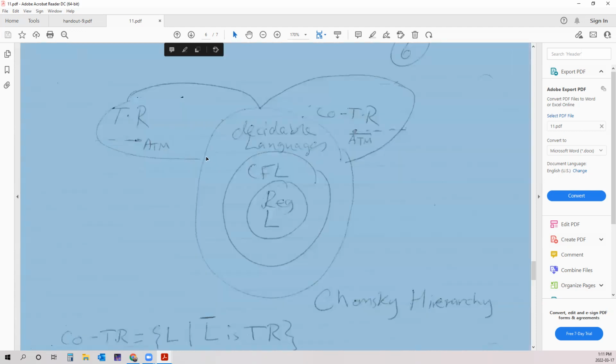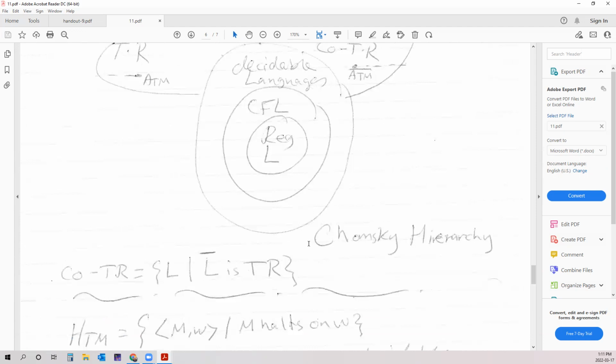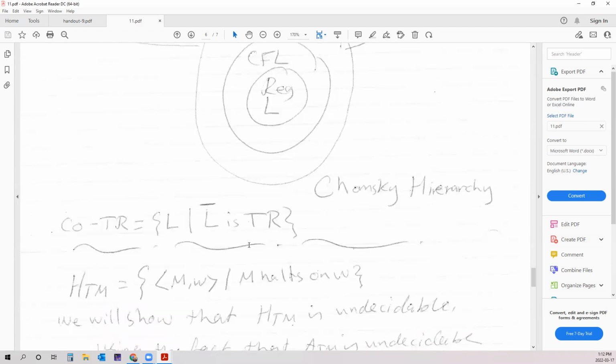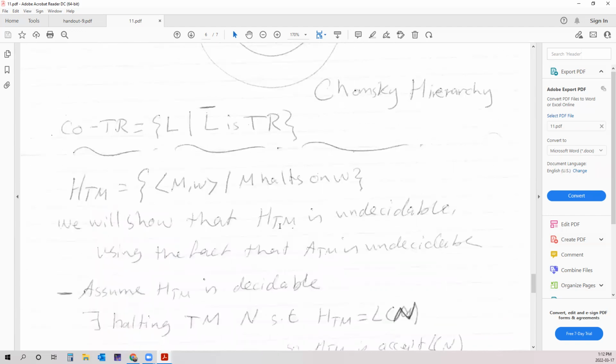Okay? And we call this the Chomsky hierarchy. Co-Turing recognizable, co-TR, for L, means the complement of L is Turing recognizable. This is what we mean by that.